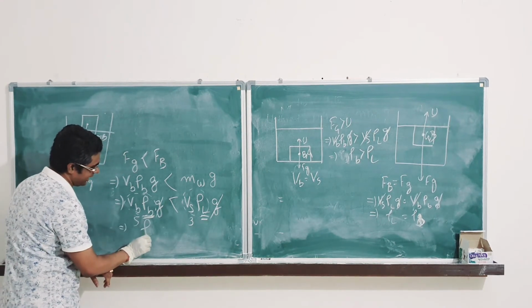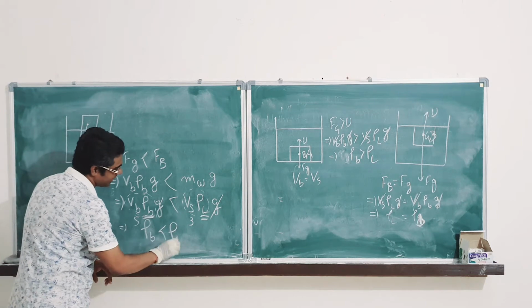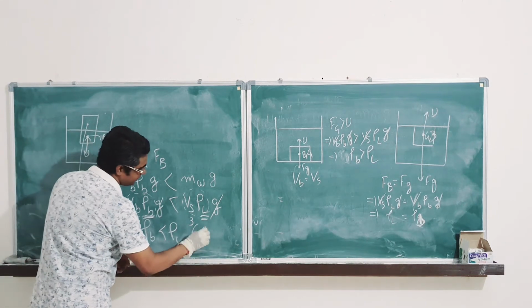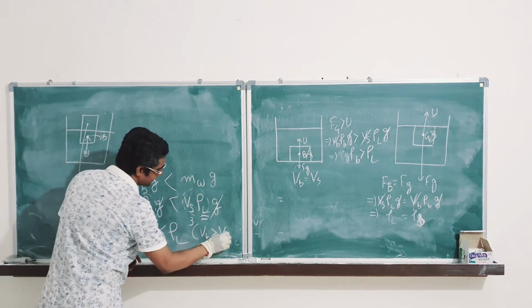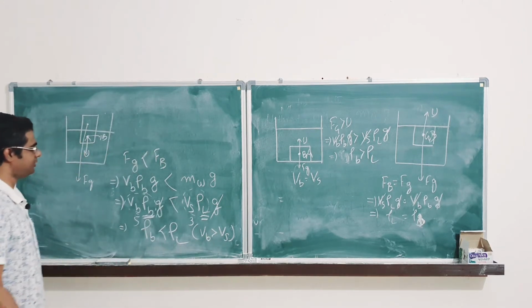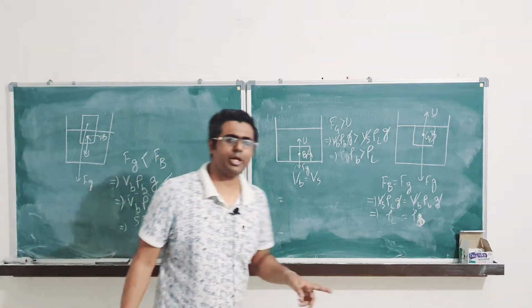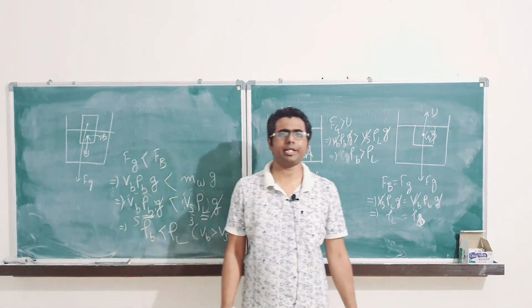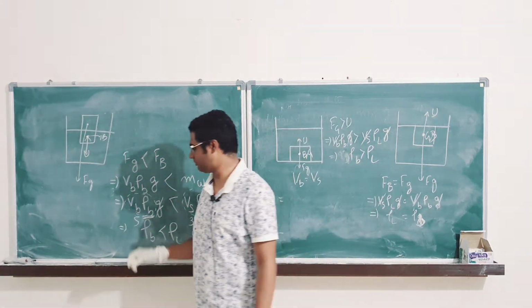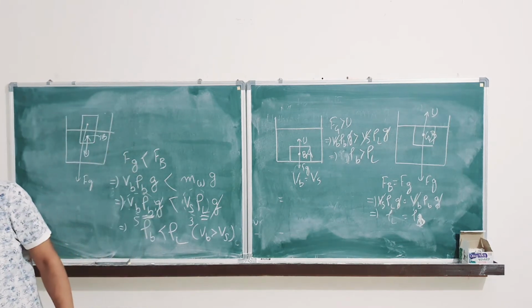So we can write rho b minus rho L, because Vb is more than Vs. So this is the condition of flotation. It will float only when the density of the body is less than the density of the liquid.